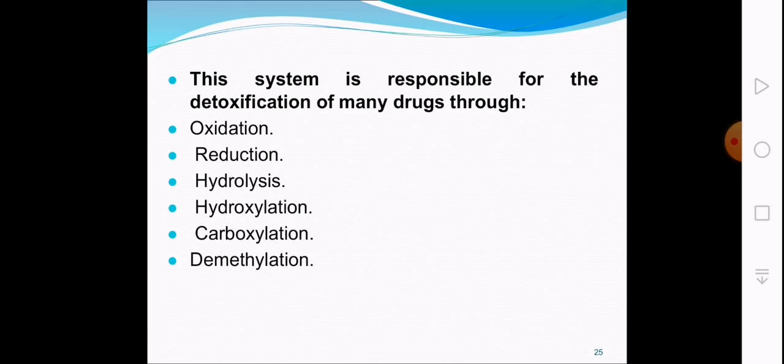A drug metabolizing system is responsible for the detoxification of many drugs through oxidation, reduction, hydrolysis, hydroxylation, carboxylation, demethylation and so on. يعني الدراج ميتابولايزنج سيستم ده بيقوم بمجموعه من العمليات الكيميائيه اللي ممكن تحدث للمركبات. عندنا مثلا الاكسيديشن والريدكشن اللي هو الاكسده والاختزال، والهيدروليسيس البريك داون، والهيدروكسيليشن باي اديشن اوف هيدروكسيل، and carboxylation by addition of carboxyl group and demethylation by removing of the methyl group. فكل البروسيس دي ممكن تتم في الدراج ميتابولايزنج سيستم، وفي النهايه الغرض منه to get the body rid from the toxic effect of these drugs and poisons.